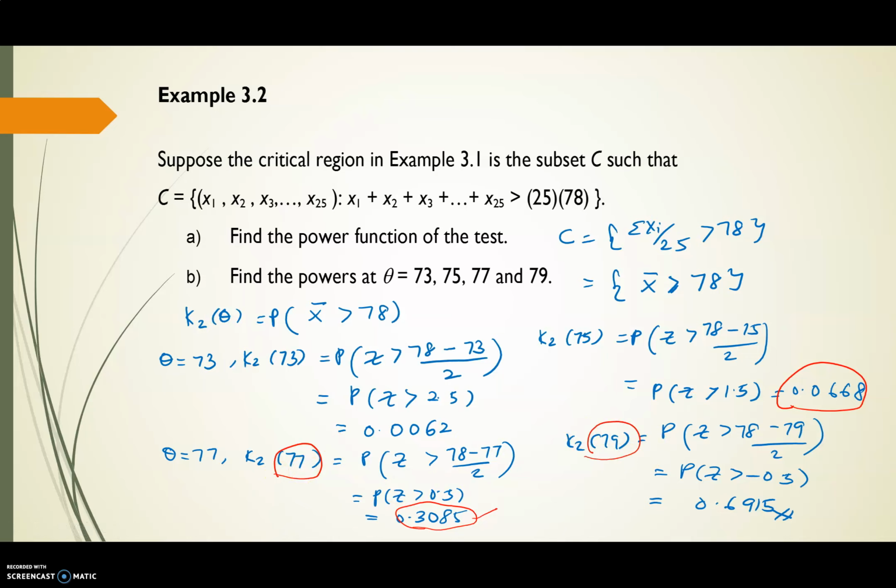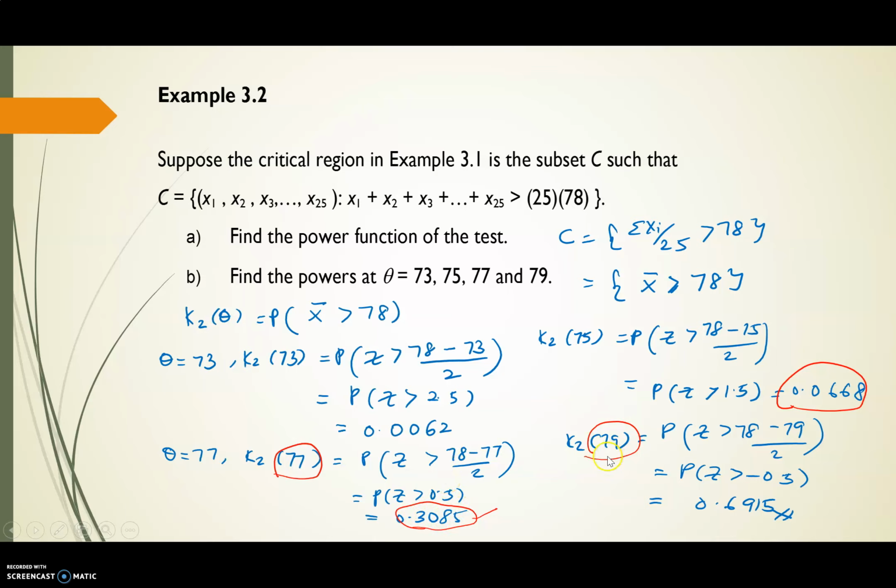But when we consider theta equals 77 and also theta equals 79, since our alternative is theta greater than 75, we reject H0 when H0 is false. For theta equals 77, we have a probability of 0.3085, which is quite a bit smaller than our first test.